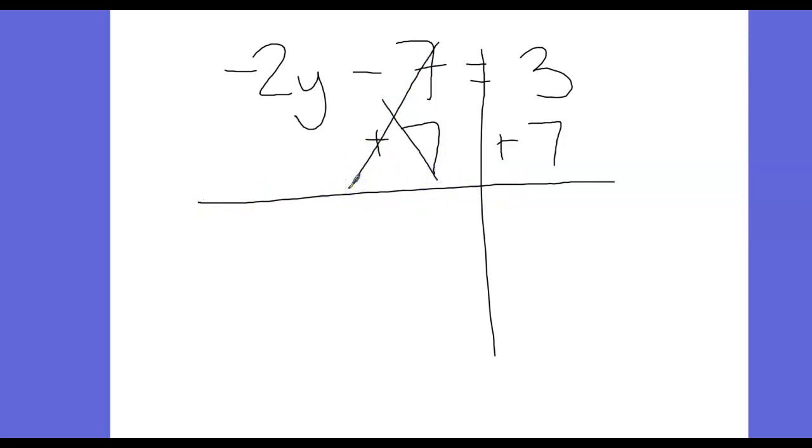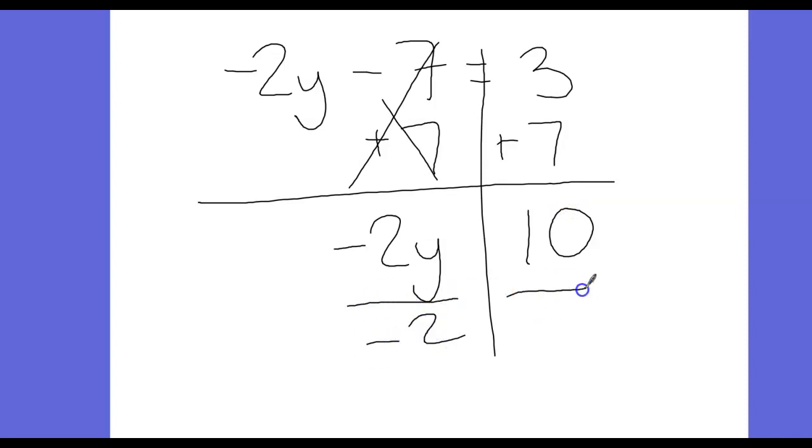So on this side, what am I left with on the left side, Aaron? Negative 2y. And on the right side, I would get what, Gracie? 10. And then, Angelo, I would divide by negative 2. So Hayden, what does y equal? Negative 5. Questions?